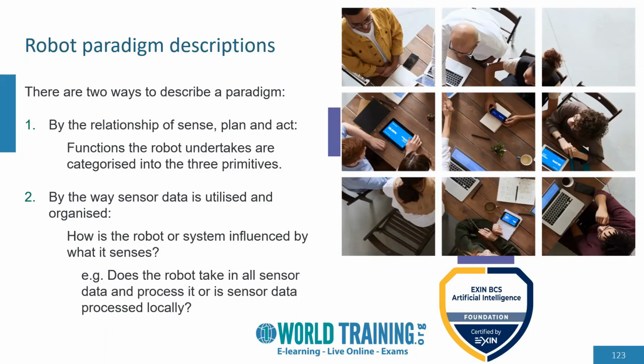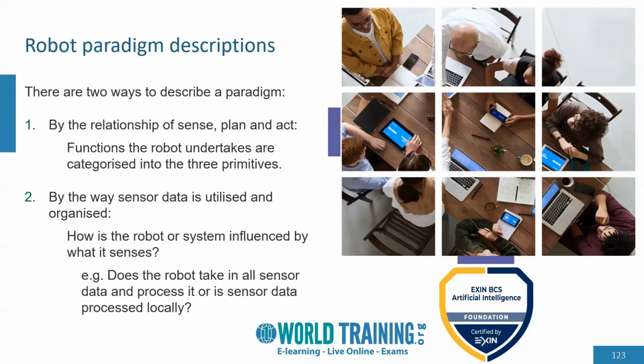The second way of describing a paradigm is by how the sensor data is utilized and organized. How is the robot capturing and organizing the sensor data? How does the robot or system get influenced by what it senses? Does the robot take in all the sensor data and process it, or is the sensor data processed locally?